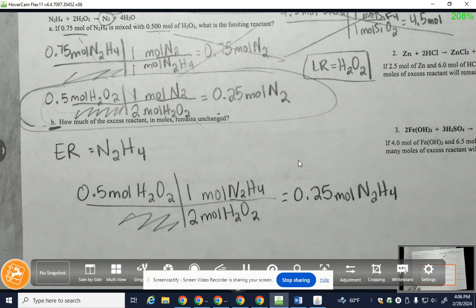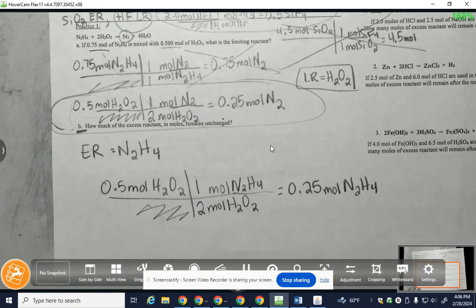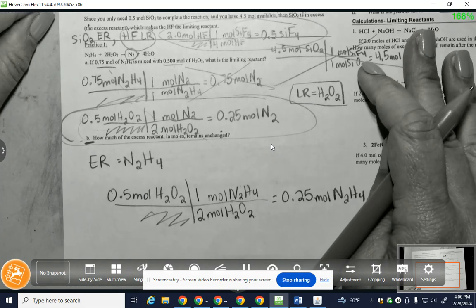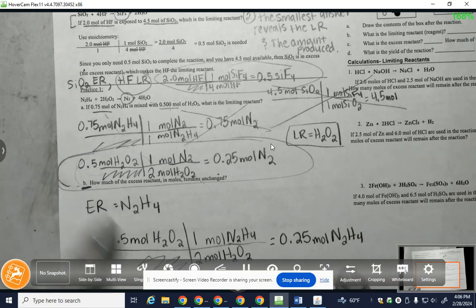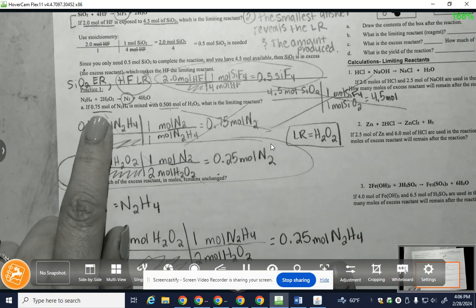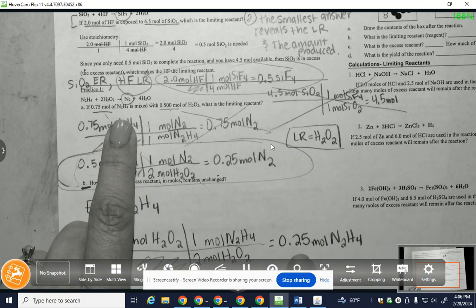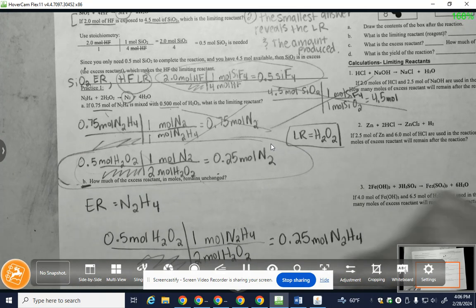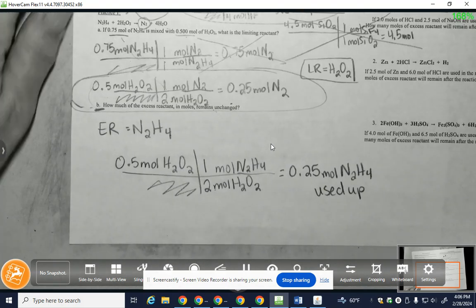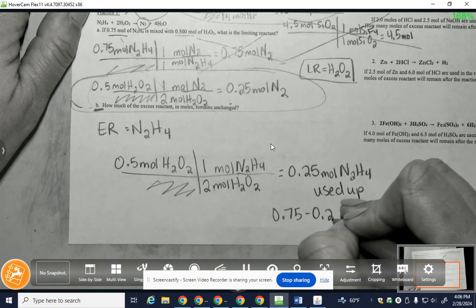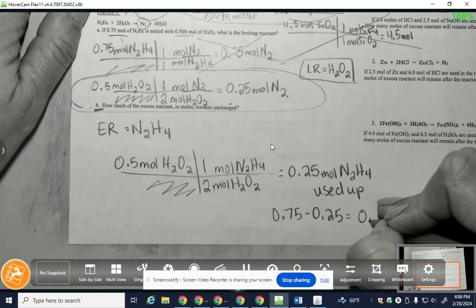So how much remains? What are we going to do? Subtract what? Good, good. So we're going to go back to what the question actually started with. It said 0.75 moles of N2H4. We're going to subtract what was used up, and from there we get how much is left over.